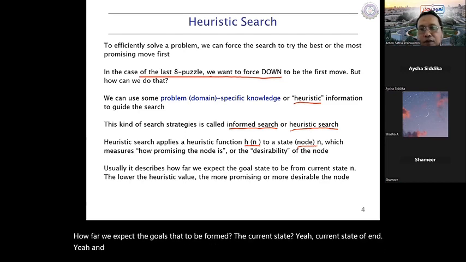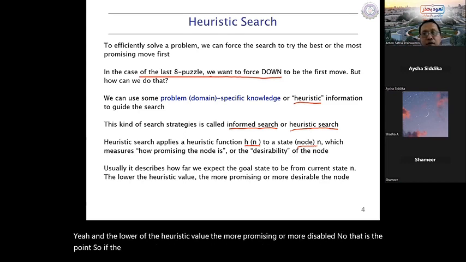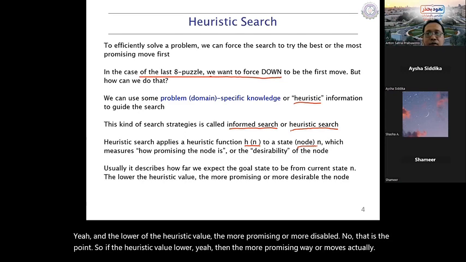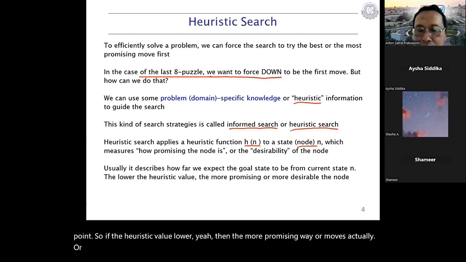The lower the heuristic value, the more promising or desirable the node. So if the heuristic value is lower, then the move is more promising, or the node more desirable.